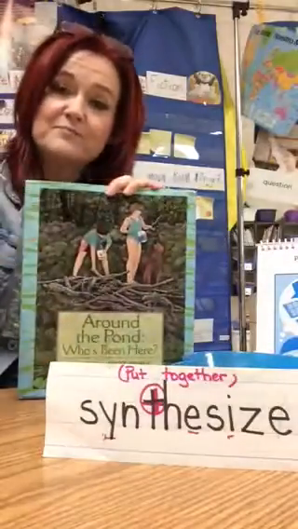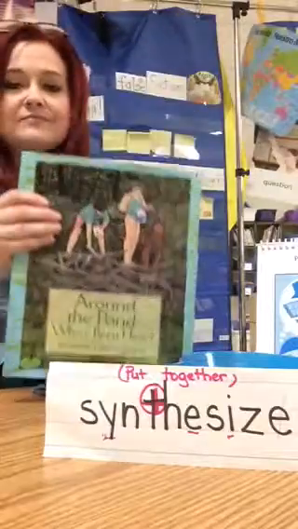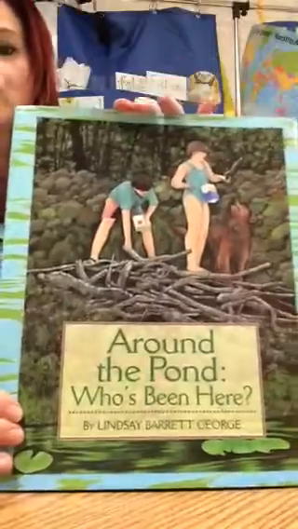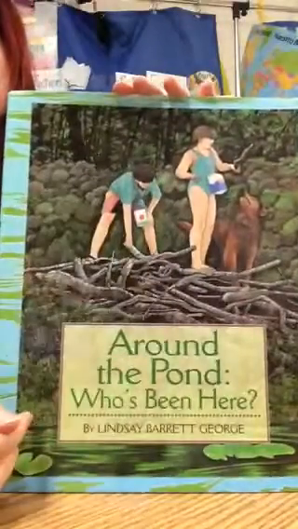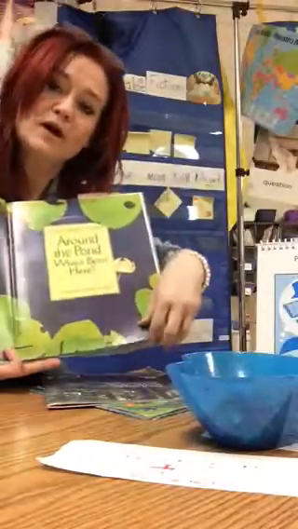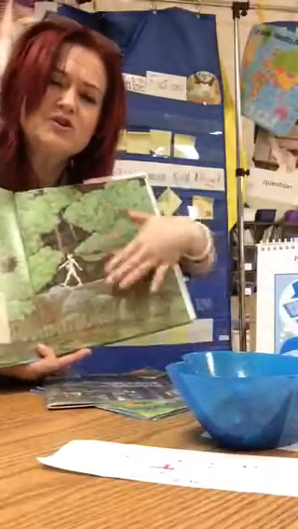Well, as a whole group, before we read, I am reading this book, Around the Pond, Who's Been Here? And we are thinking about what could be around a pond.